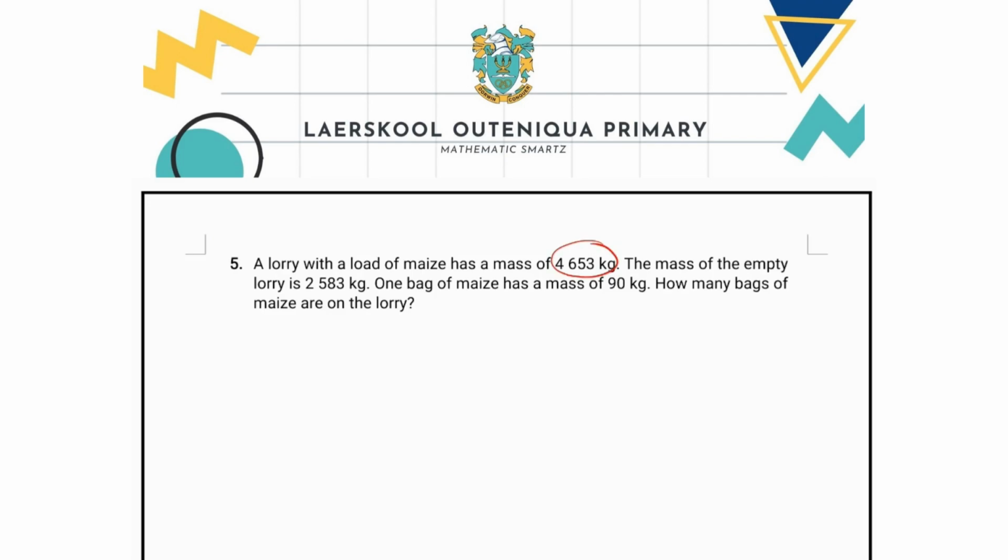I also know that an empty lorry has a mass of 2,583. To calculate the mass of the maize, I need to subtract 2,583 kilograms from 4,653 kilograms, which would give me a total of 2,070 kilograms.